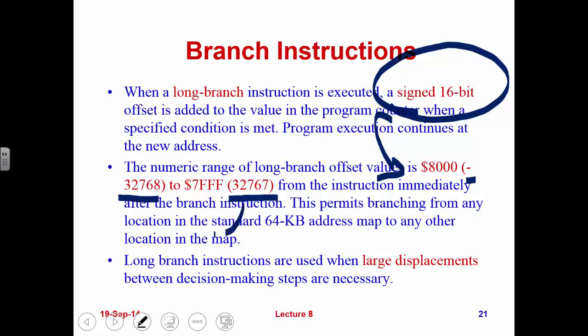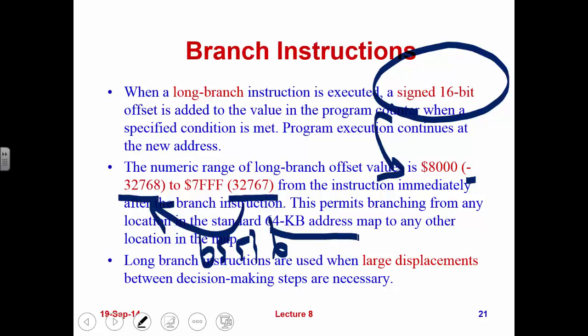So this range total, when we add them together, is equal to 65,536, including your current location. That means this range of long branch covers everything of the total 64K bytes of memory.